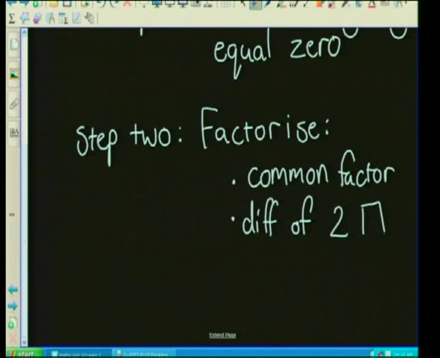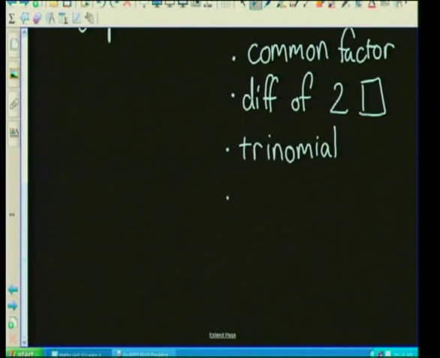Difference of 2 squares. It's a beautiful looking square. Then you look for a trinomial. If you can't find a difference of 2 squares, you have a trinomial. And lastly, you will look for a sum or difference of 2 cubes.